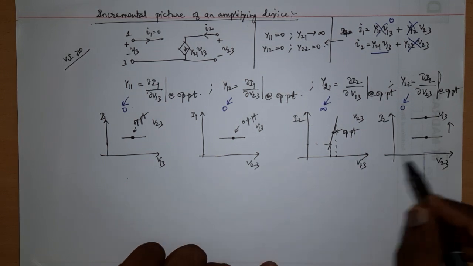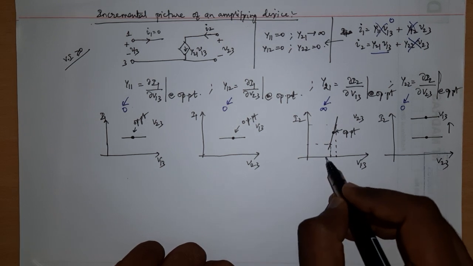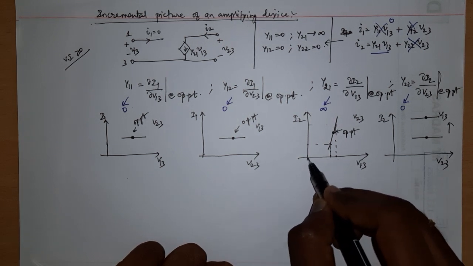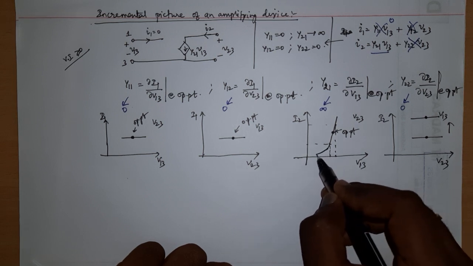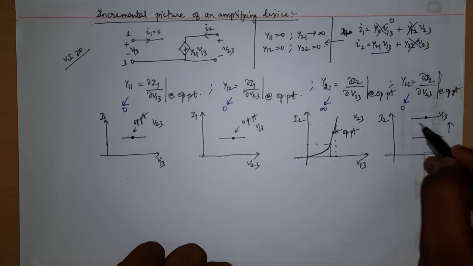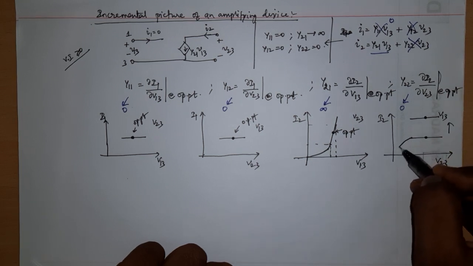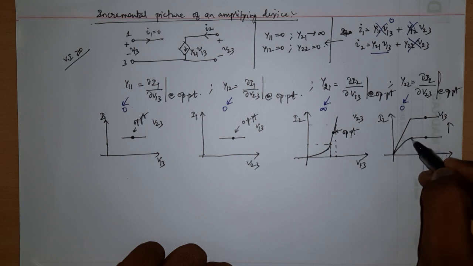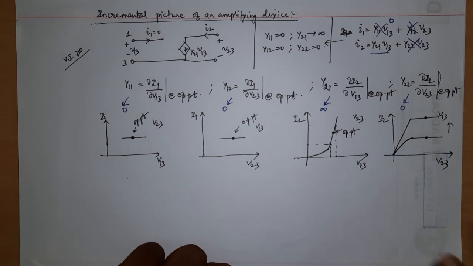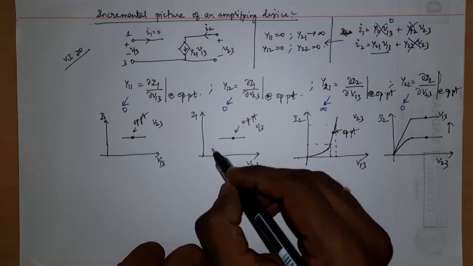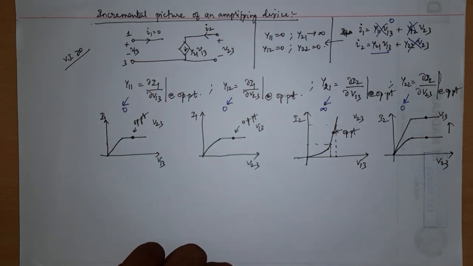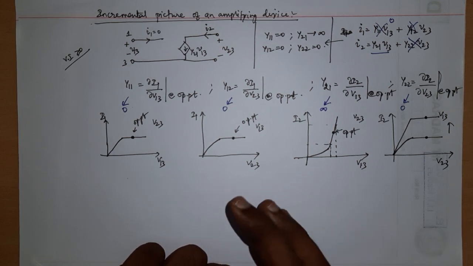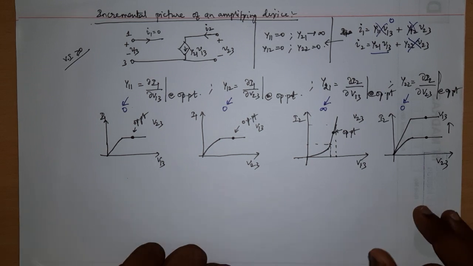So if all these devices are passive, then if I keep on reducing the voltage and go to negative voltage, they should cross the origin, so they should go like this, and here also they should cross the origin, and here also, if it is going to be passive.